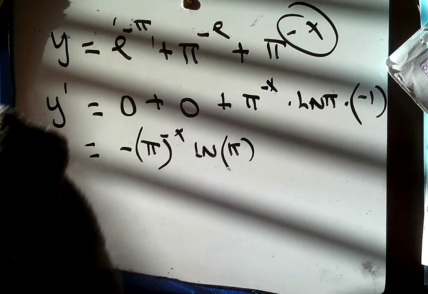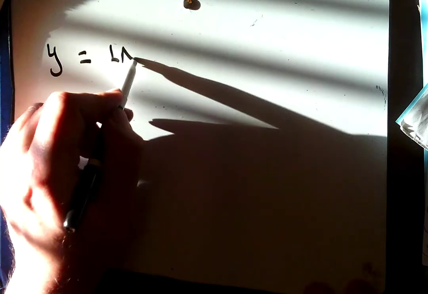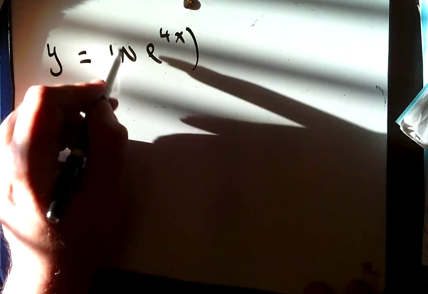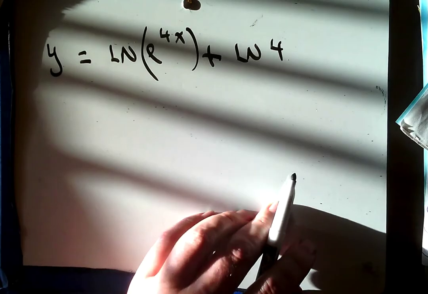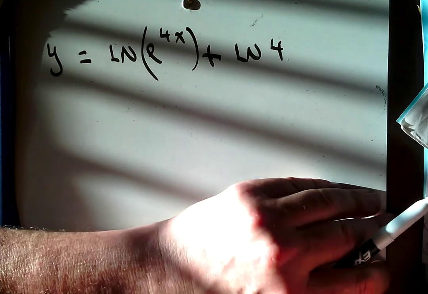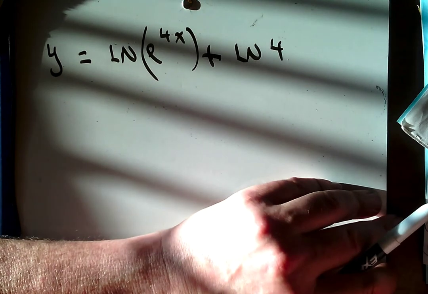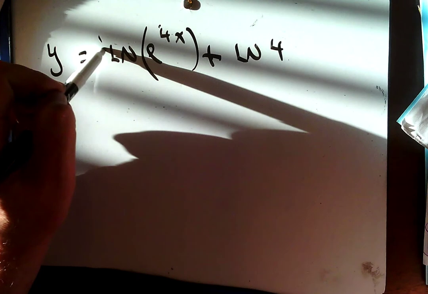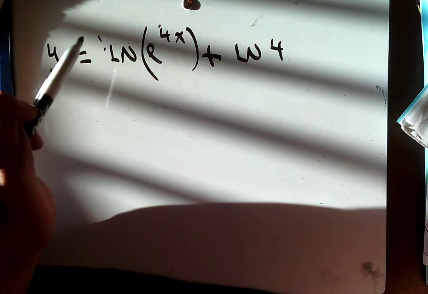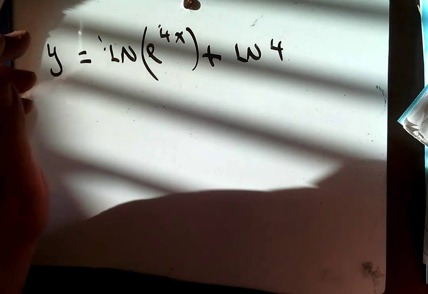Okay. How about this one? y equals ln of e to the 4x plus ln of 4. Yeah, so what are you thinking about here? Are you thinking about using the power rule for logs to bring down the 4x? I know that's not a derivative.